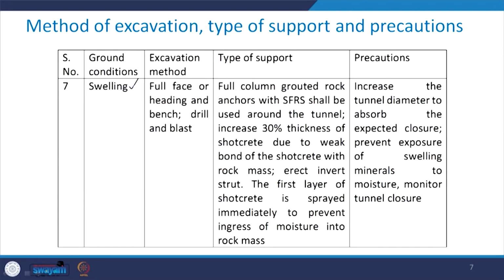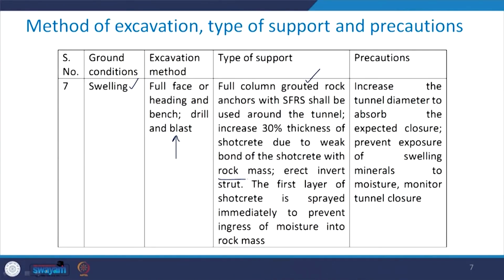Coming to the next category of the ground condition, which is the swelling ground. The excavation method is full face or heading and bench, drill and blast. The type of support includes full column grouted rock anchors with SFRS, and it should be used around the tunnel.